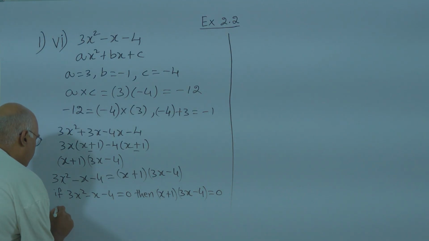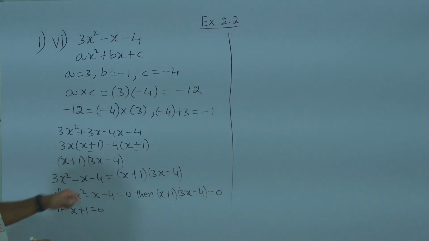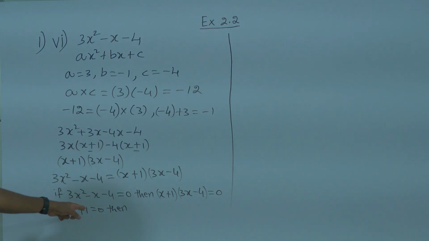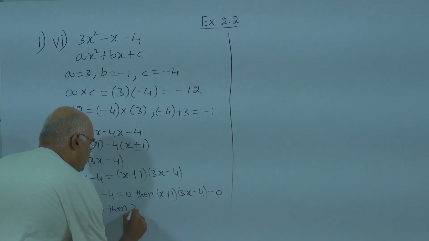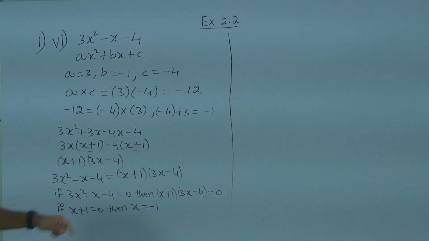So if x plus 1 is equal to 0, then on the left side of the equal to sign you have plus 1. If I take this plus 1 to the other side of the equal to sign, it will become minus 1. Then x will be equal to minus 1. So we got one zero of the quadratic polynomial.